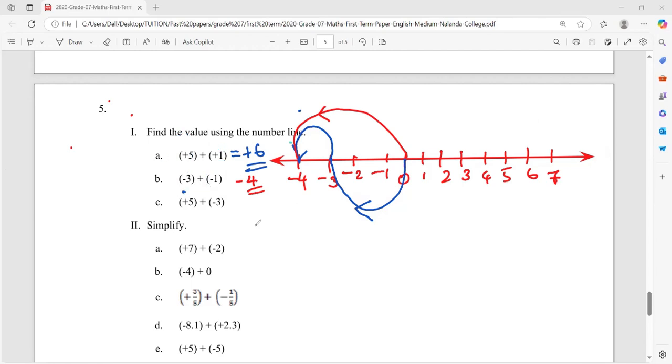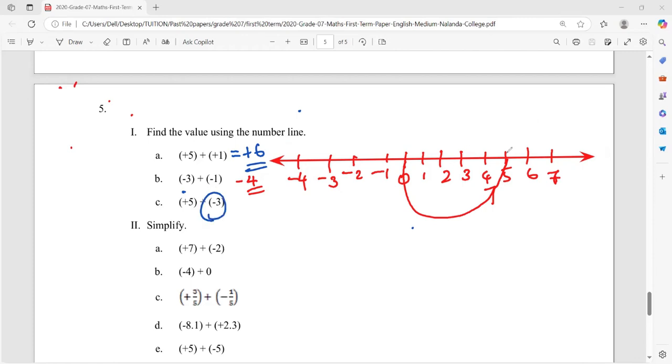And in part C, you have something like this. You have to go from 0 to positive 5 because you are starting from there. Then this is negative, right?